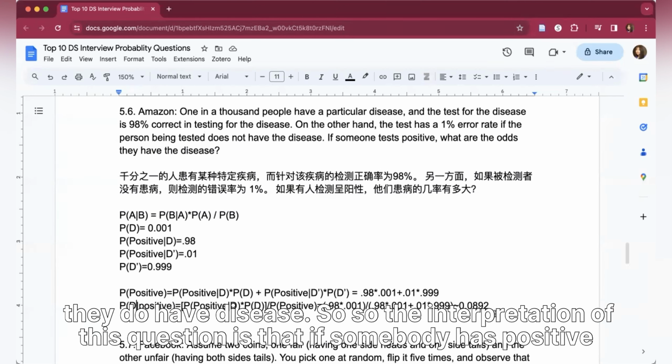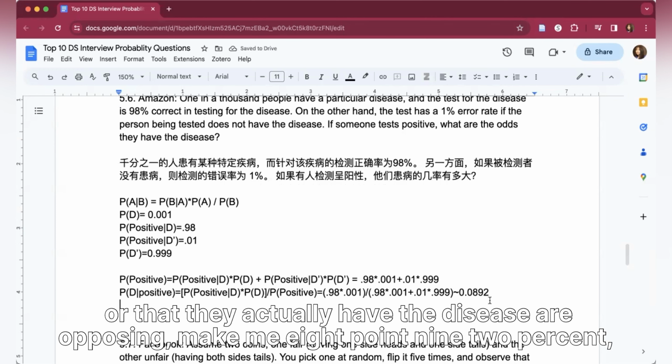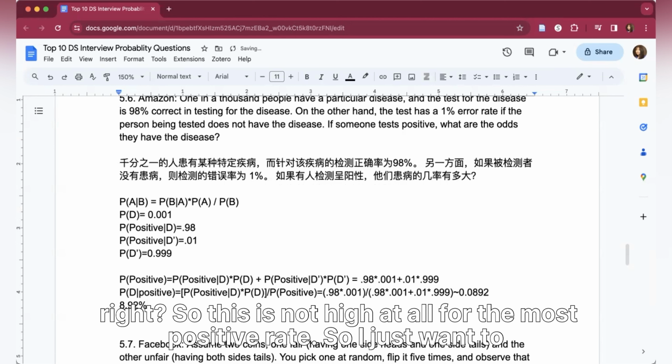So the interpretation is that if somebody tests positive, the odds that they actually have the disease are approximately 8.92%, right?